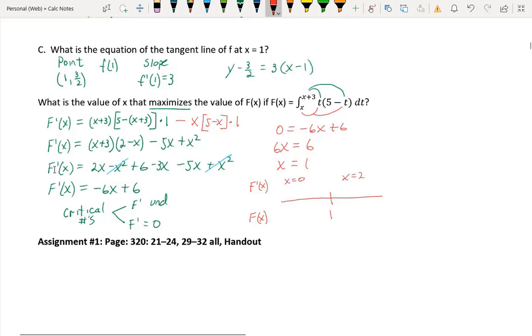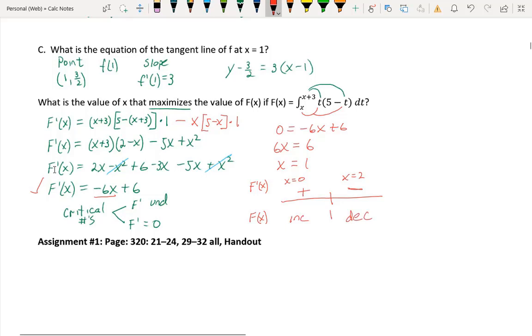So again, I'm plugging this into f prime, and f prime is this equation right over here on the left side. If I plug in 0, that first part goes away, negative 6 times 0, that's gone, so plus 6, so this is going to be positive. If I plug in 2 to that same area, I get negative 12 plus 6, so this side's going to be negative, which tells me that f of x goes from increasing to decreasing at positive 1.